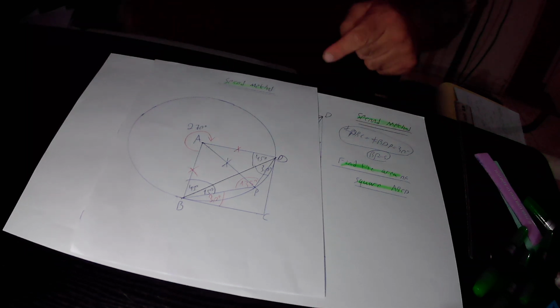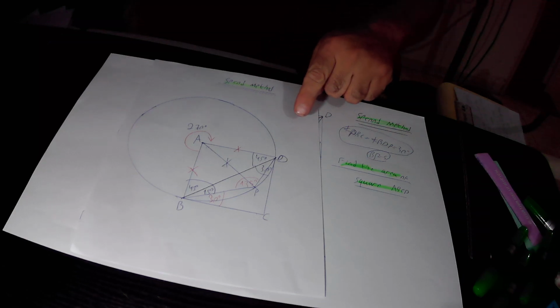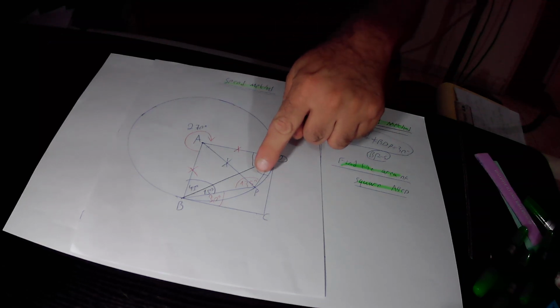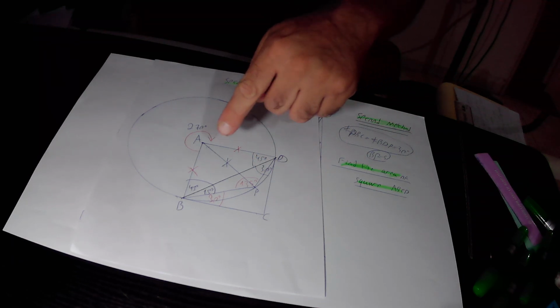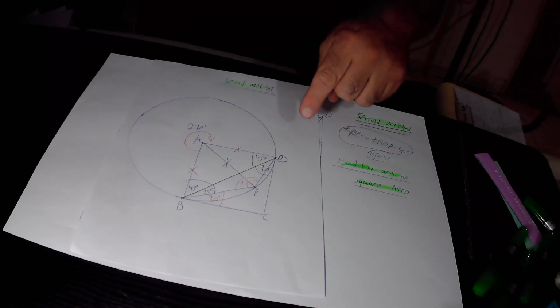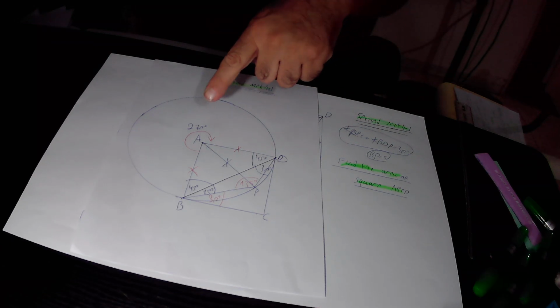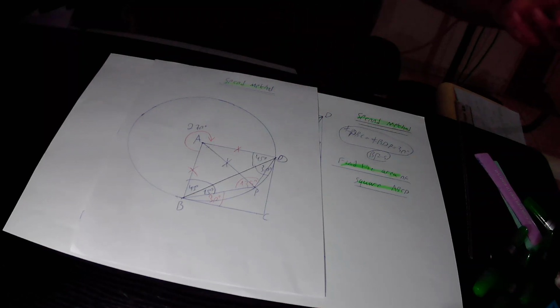So actually, angle DBP obeys rule 13, because center angle DAB is twice as large as angle DBP, and they are both subtended on the same chord DB. So angle DBP obeys rule 13, because it is half of center angle DAB that's subtended on the same chord DB.